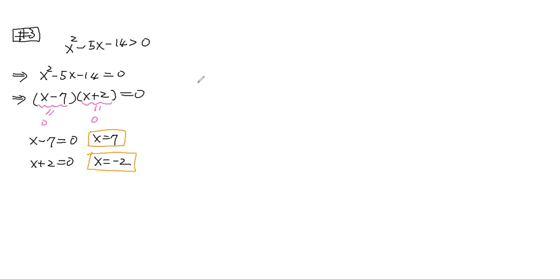Then do you remember what we did on the real number line? So we say, okay, this is 0, this is 7, then this is negative 2. Those are what we just found. Now, the first thing is, if you remember, we divide this into 3 regions.